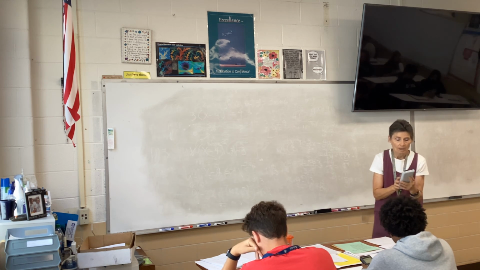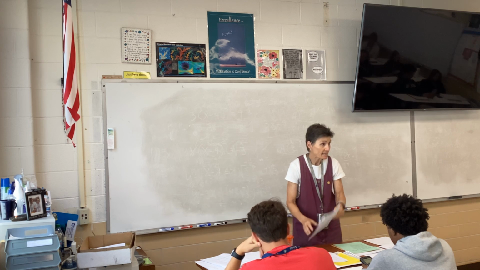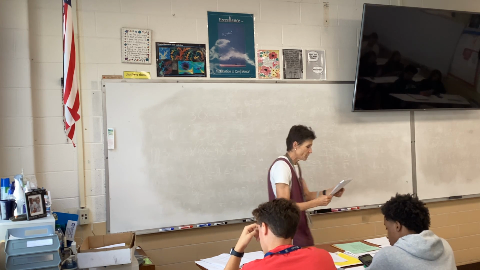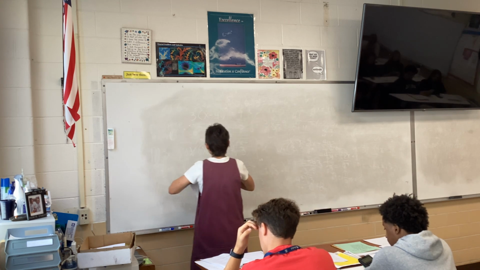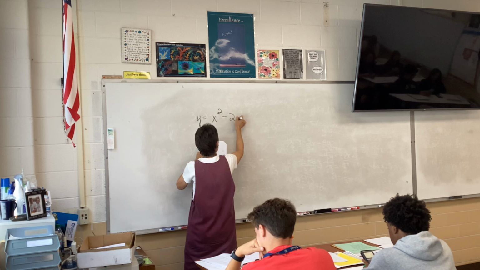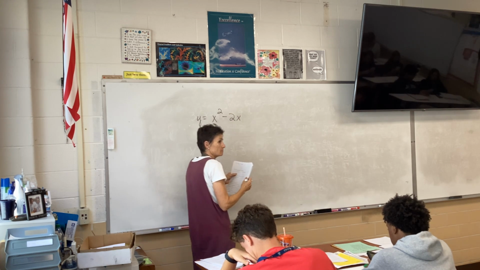Now we're going to put in problem A, and we're going to do this problem 2 different ways. The first way, you're going to type in 2 equations: x squared minus 2x, and 3.